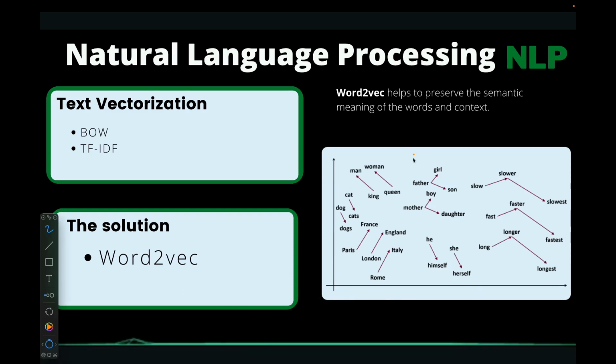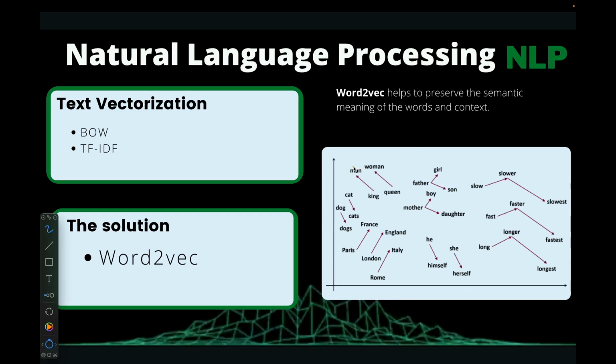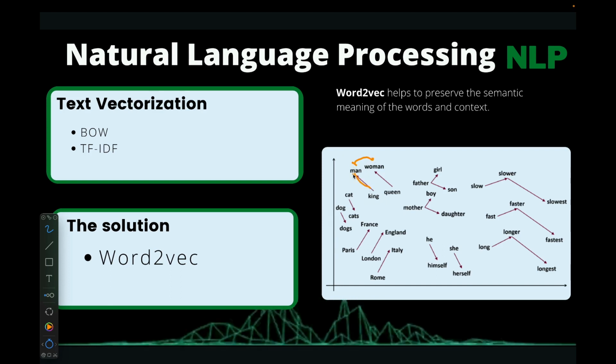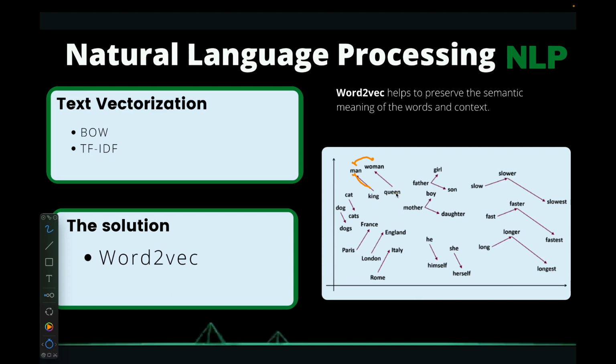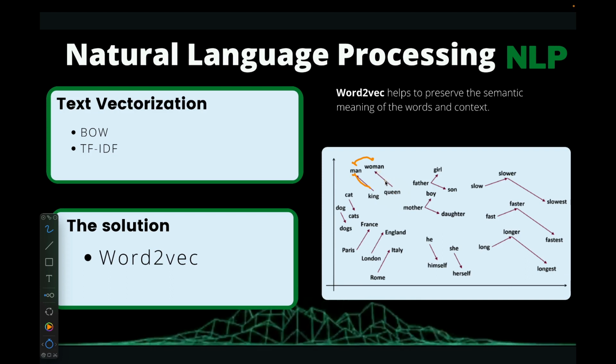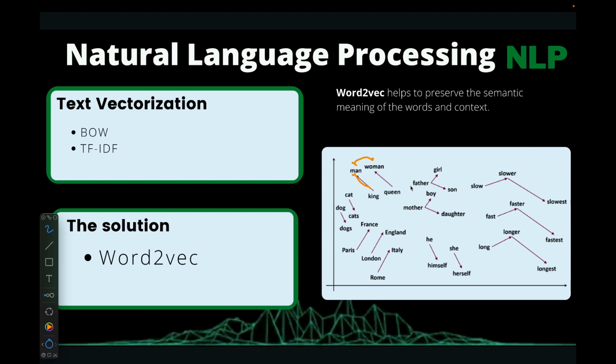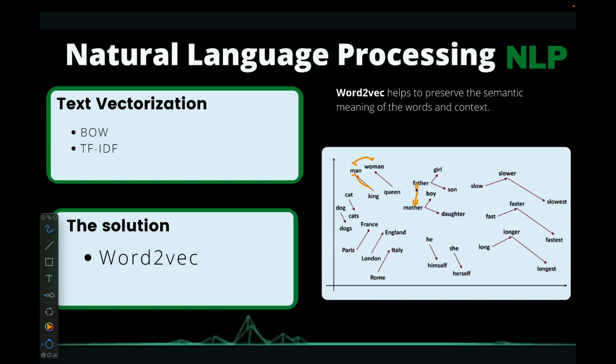So here you can see that man is much closer to woman, and then king will be much closer to man than woman. The same way, queen will be much closer to woman. And here, father and mother will be much closer.